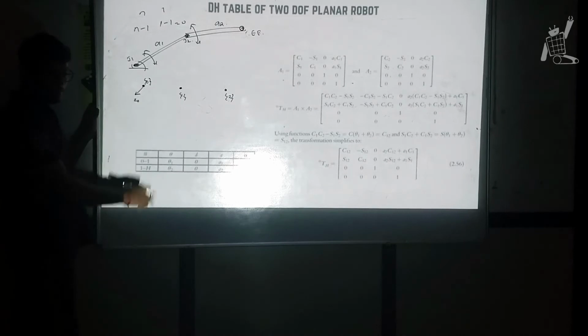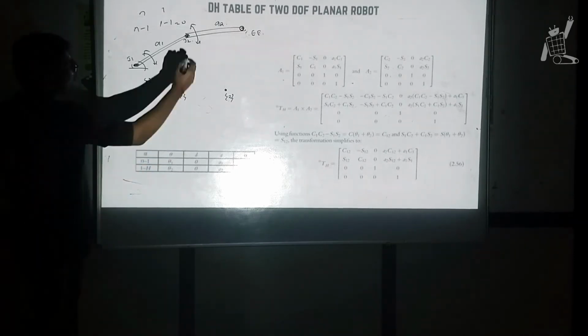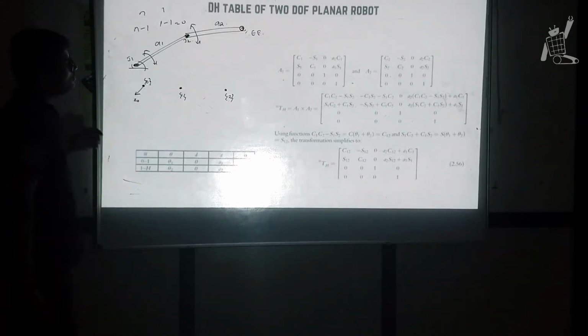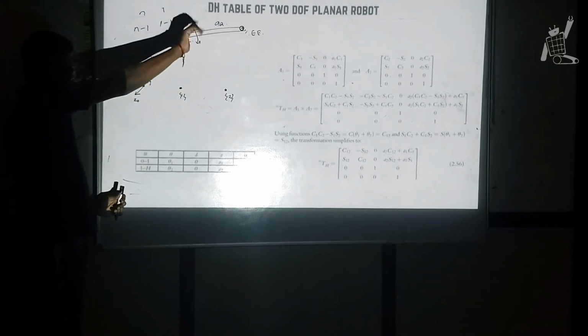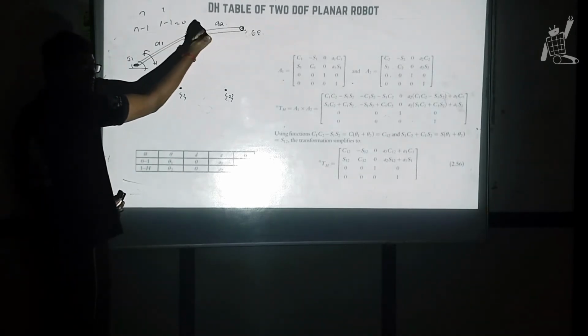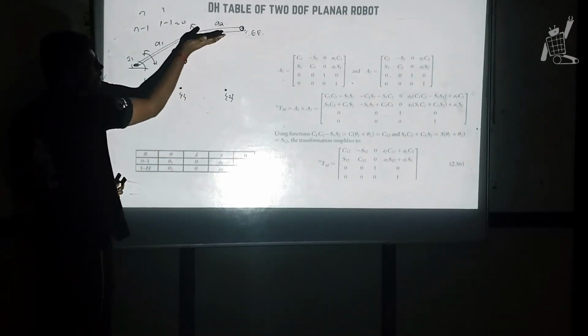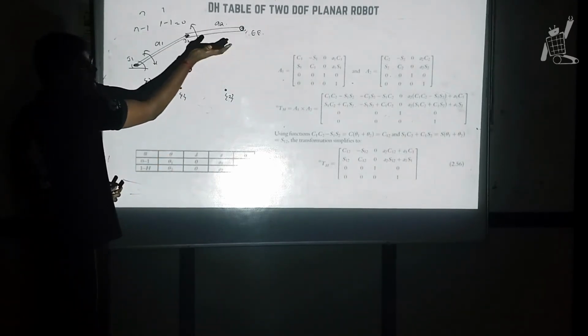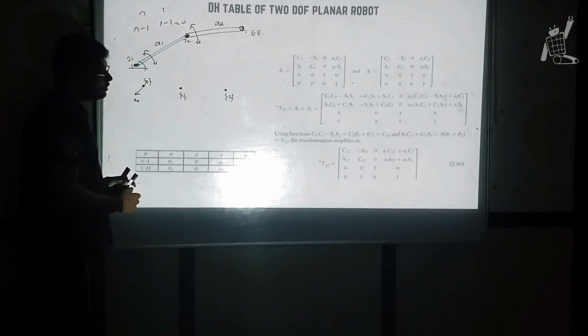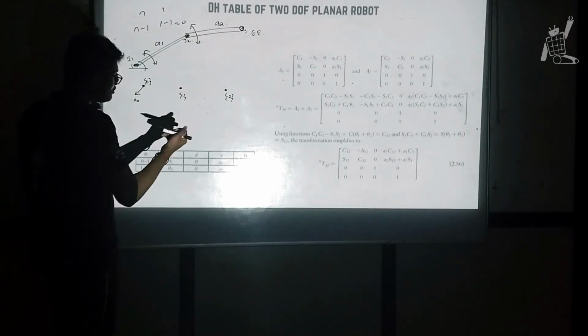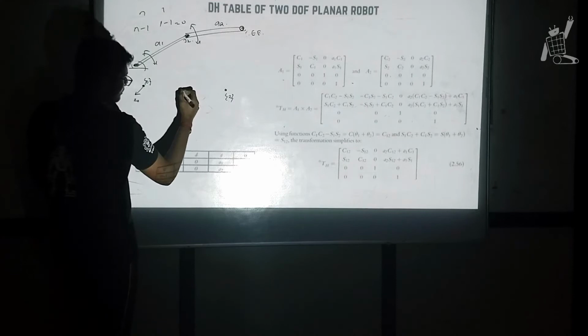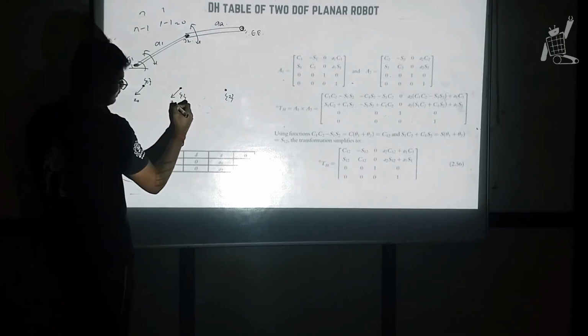So this is the Z0 axis. Next is the second joint. That is also either into the plane or out of the plane. Since it is rotating like this, I am taking out of the plane. You can take into the plane also, but I usually take outside the plane. So this will be Z1.